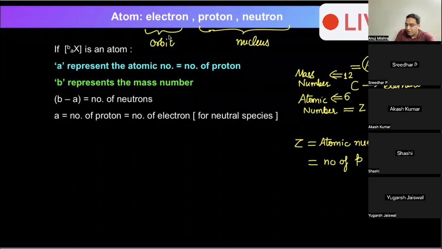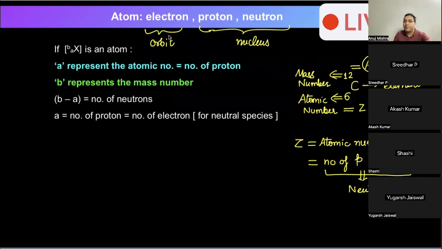Or we can say protons and electrons will be equal to Z. Protons and electrons अगर equal हैं, that means the given thing is having no charge or it is neutral. Electron पे negative charge होता है, proton पे positive charge होता है. So if they are having negative and positive charge in equal numbers, then the overall thing is neutral or no charge.